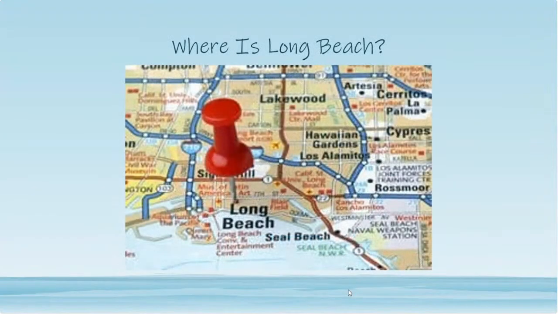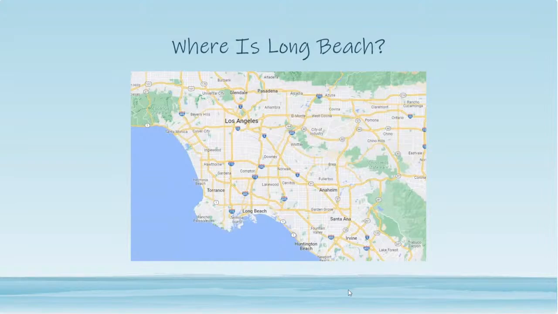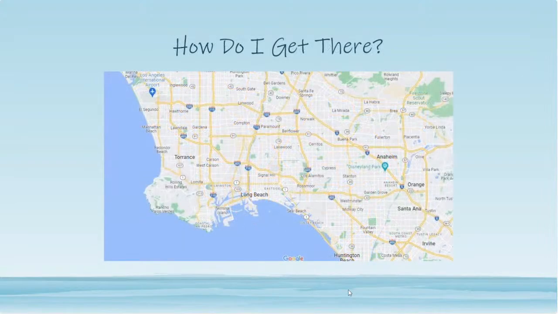All righty. Here we go. Let's start with where is Long Beach? For those of you that aren't familiar, Long Beach is in Southern California along the coast. From Los Angeles, you'll see up there, there's Long Beach at the bottom of your screen, right there where the star is. Now, how do you get to Long Beach is a good question.